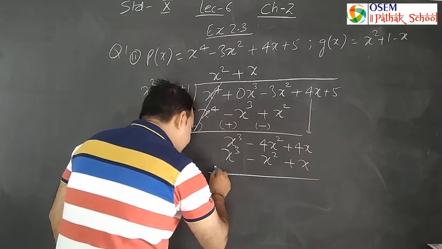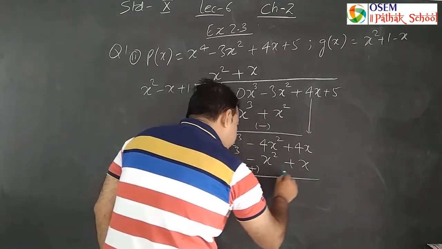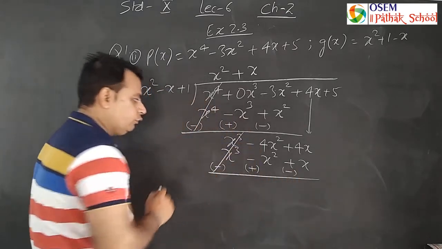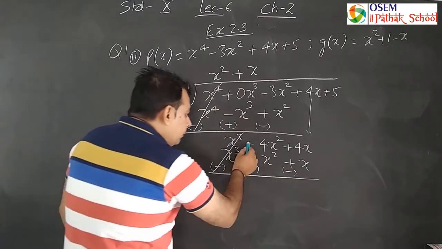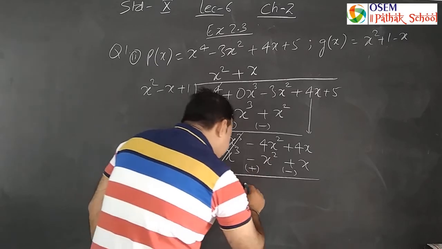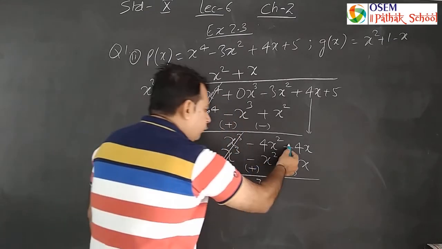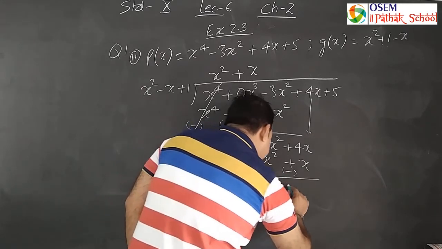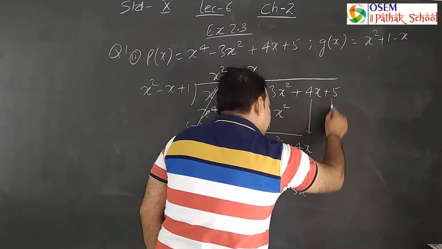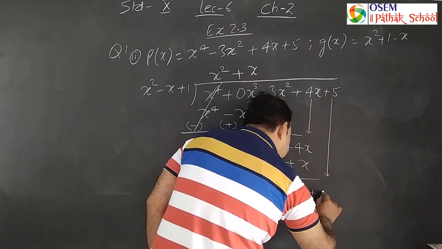Again change the sign, minus plus minus. This one will be cancelled. Minus 4 plus 1 will be minus 3x square. 4 minus 1 is 3x, and I am carrying down plus 5.